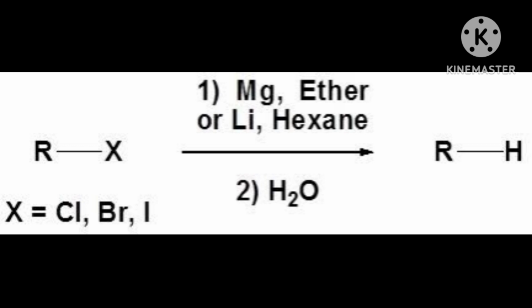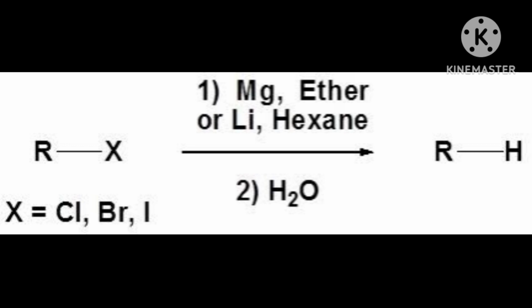These reagents are obtained by the reaction of haloalkanes with magnesium metal in dry ether. How is Grignard reagent prepared?